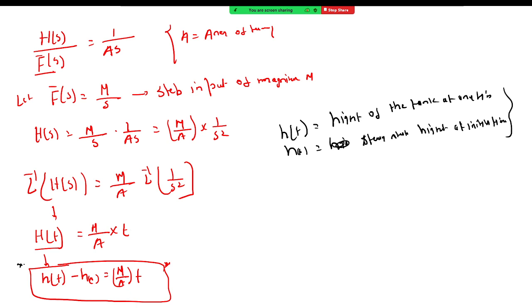So when we have given a step input, you can see this particular thing.